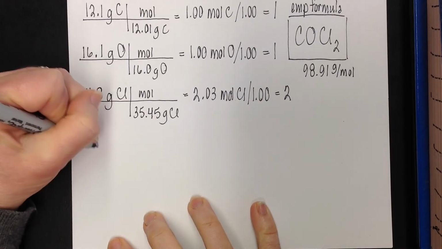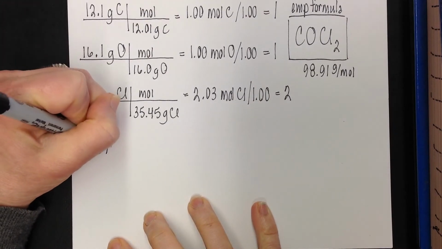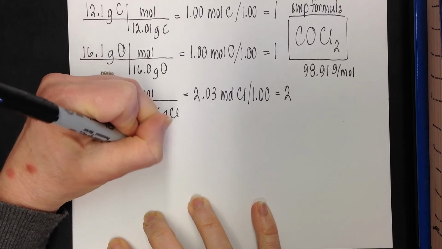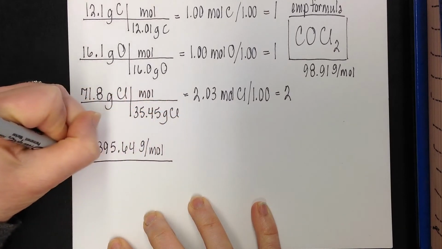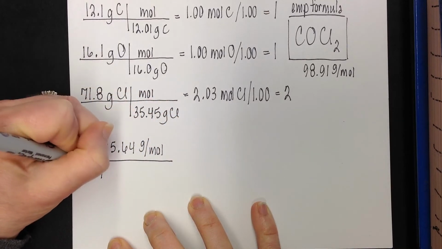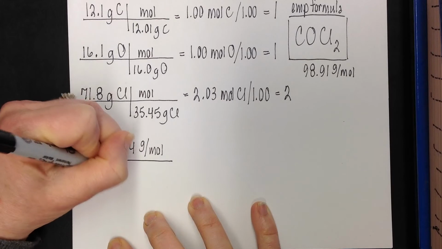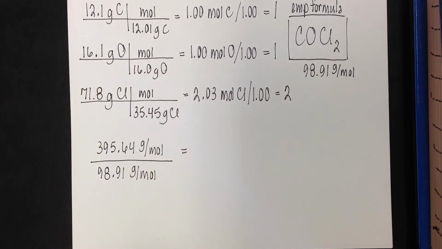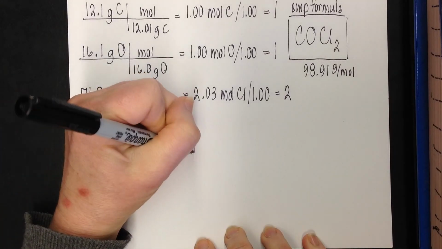So 395.64 grams per mole divided by 98.91 grams per mole. So let's see what we get. Getting a solid 4 here.